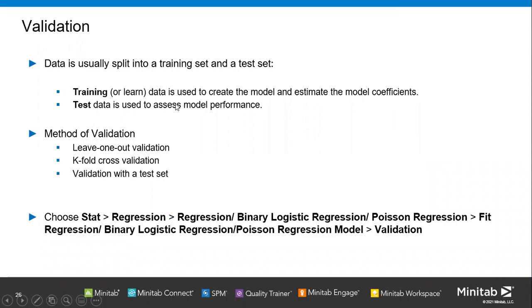For example, you have collected 1K data. You split it in two: first, maybe 70%, which you use as the training data set to build the model, and the other 30% you use to test.